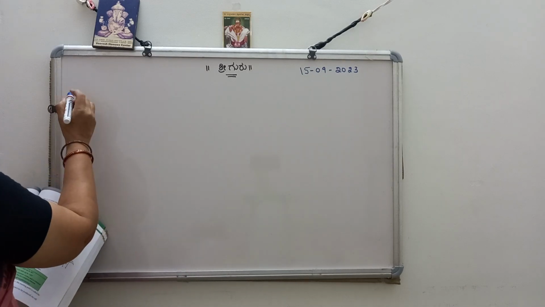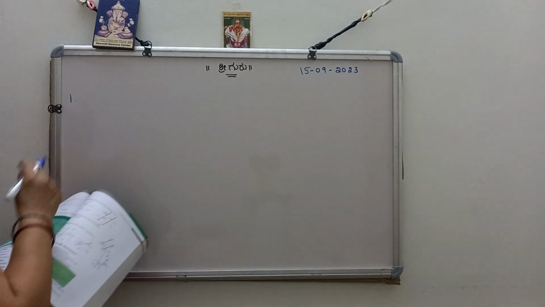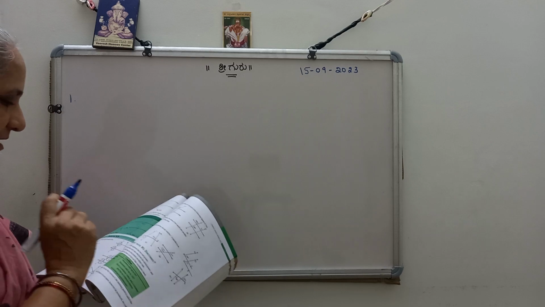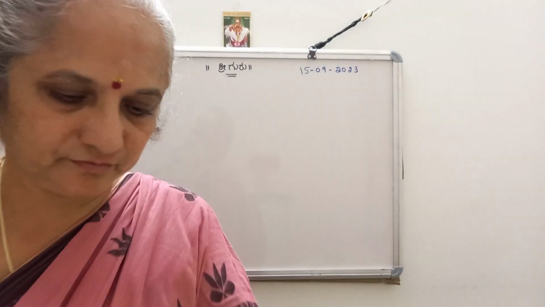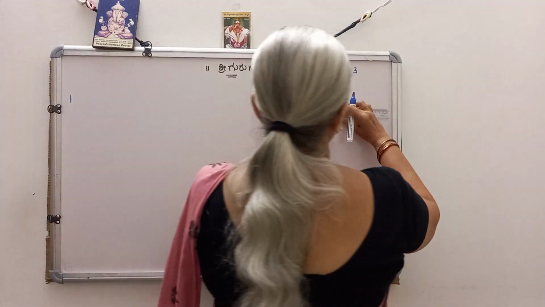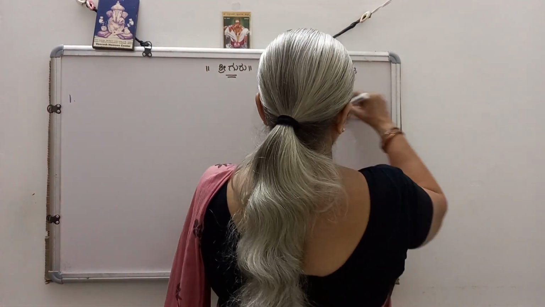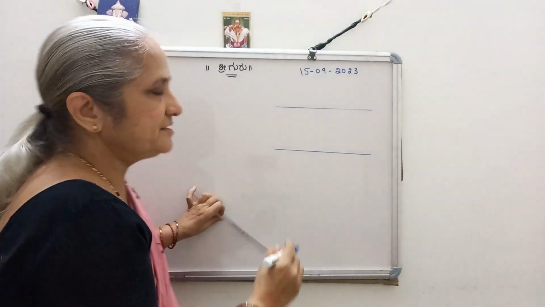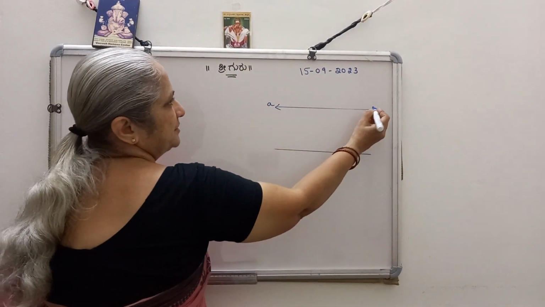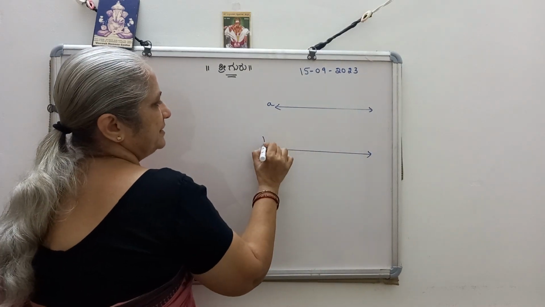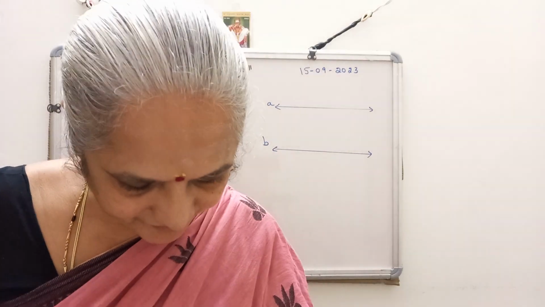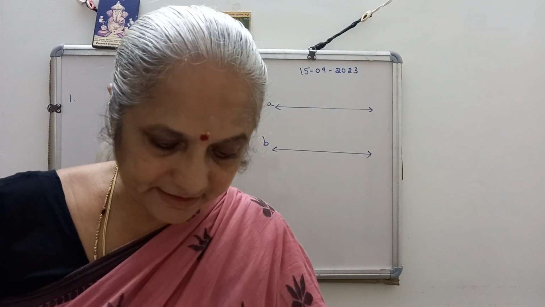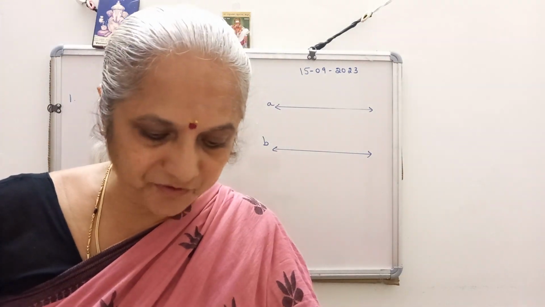First one. Here, line A is parallel to line B. And two lines are intersecting these two parallel lines.